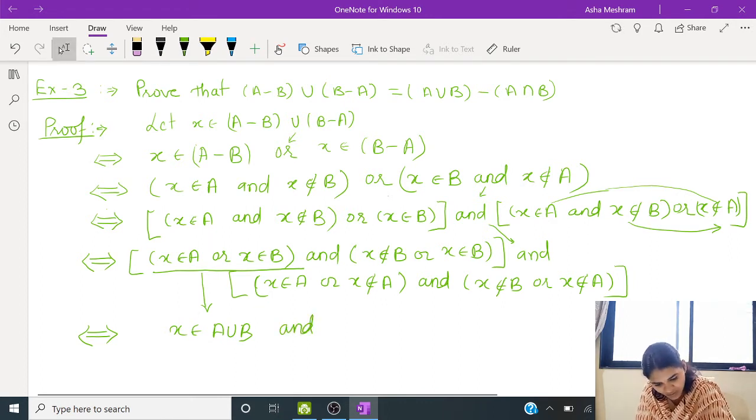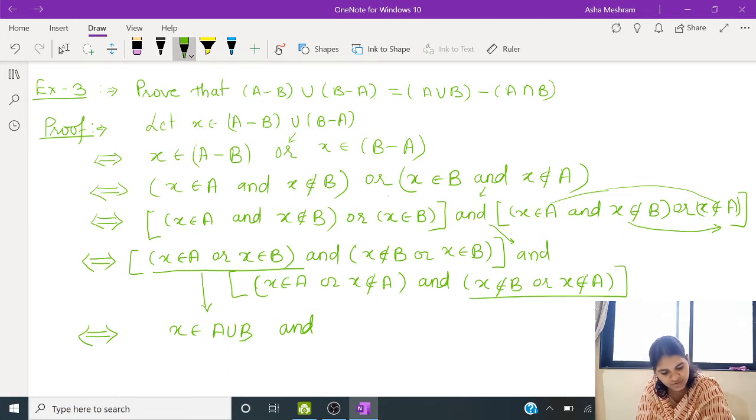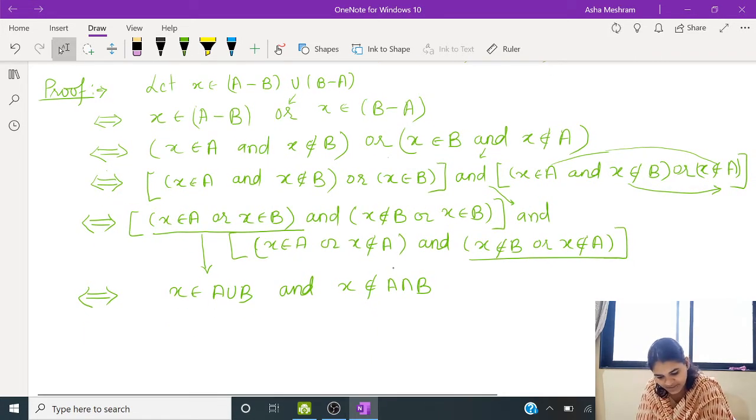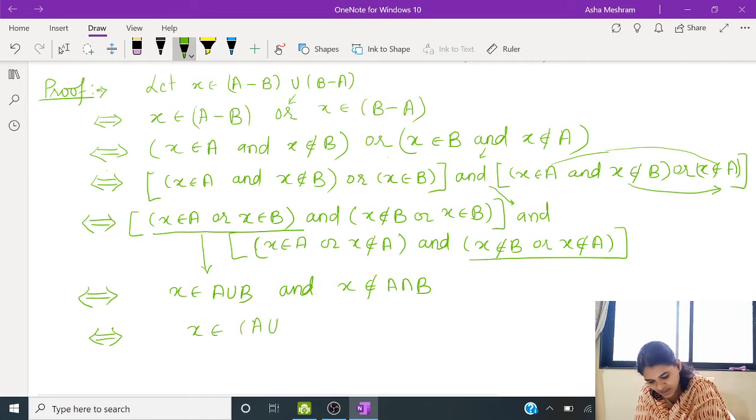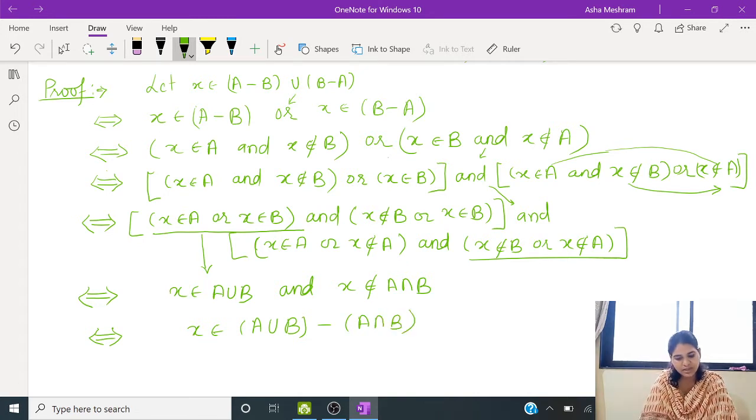And x does not belong to A or x does not belong to B means x does not belong to A intersection B. So again by the definition of A minus B, this can be written as x belongs to A union B minus A intersection B.